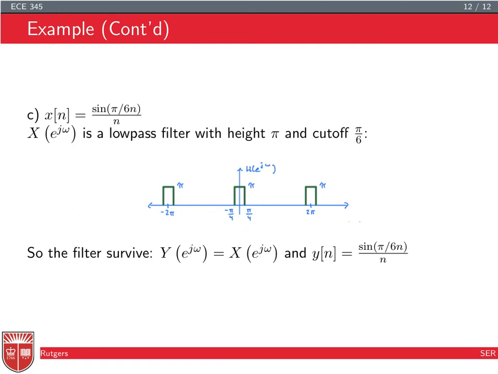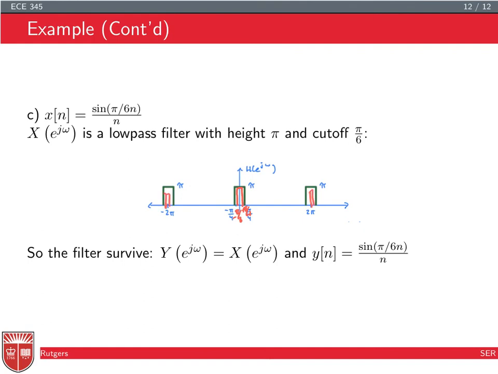So the input is also a low pass filter, with cutoff pi by 6, and your system has cutoff frequency pi by 4. In the frequency domain, this is going to look something like so. Again, this is pi by 6 here, so it's all within your filter.